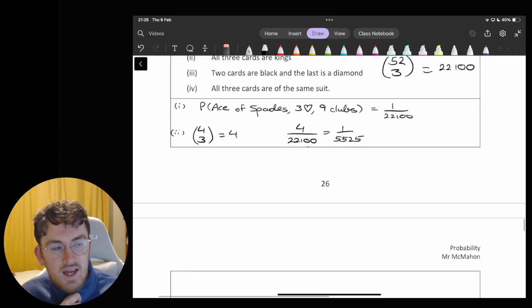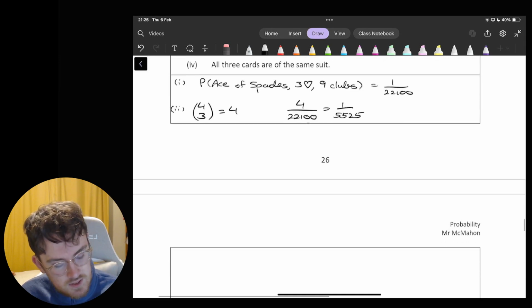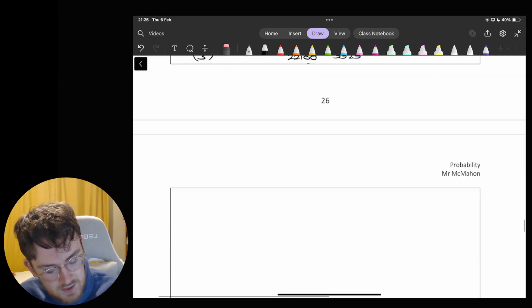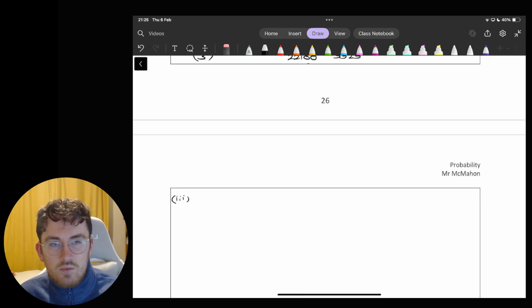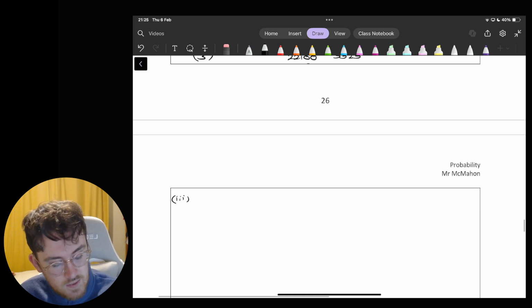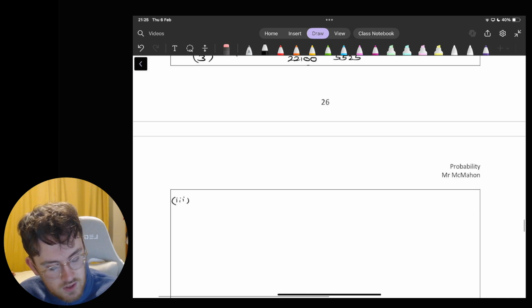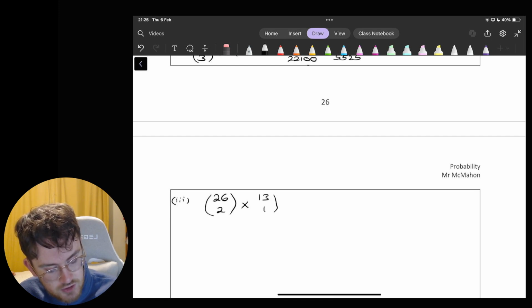2 are black and the last one is a diamond. Okay, we're looking at the specific case here. So we're just going to look how many different ways out of a set of cards could I choose 2 black cards and 1 diamond. Out of all of the black cards, I want to choose 2, and out of the diamonds, I want to choose 1.